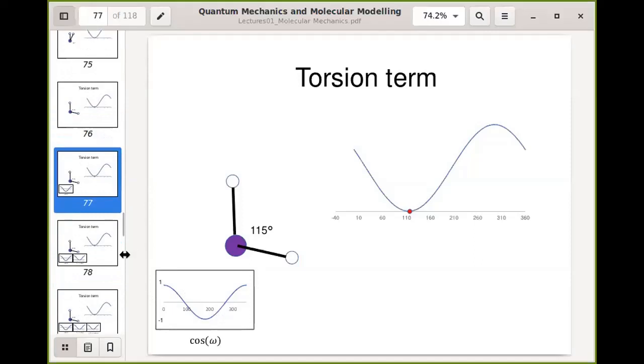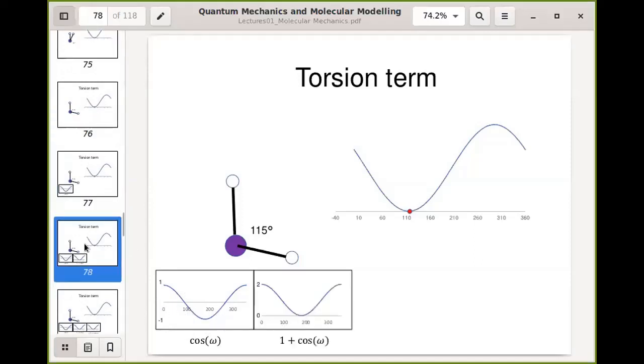So first thing we can do is, if we add 1 to our cosine function, then we at least get a cosine function that is positive everywhere, but it still has two problems. It does not have a minimum at 115 degrees. And of course, the energy might not be 2 kilocalories per mole per radian as we go around.